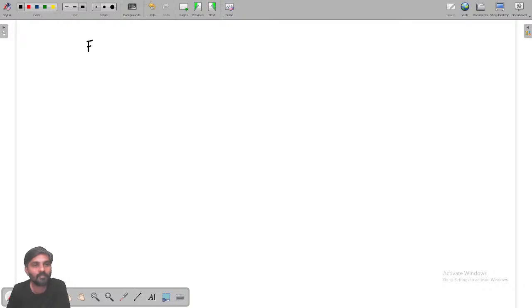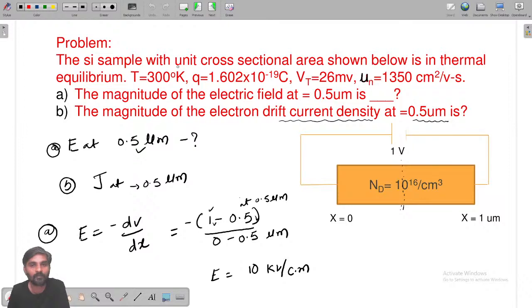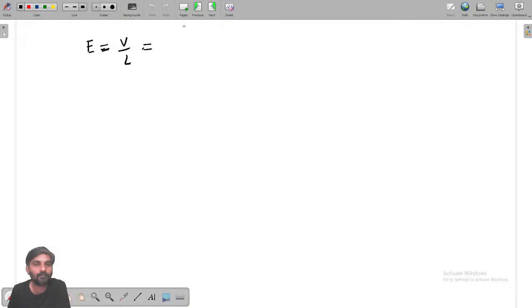There is also an alternate way. You can simply calculate E is equal to V by L, because the electric field intensity will be uniform. See what is mentioned: thermal equilibrium, unit cross-section area, so E is constant. Simply write how much voltage you have, 1 volt, over 1 micrometer.